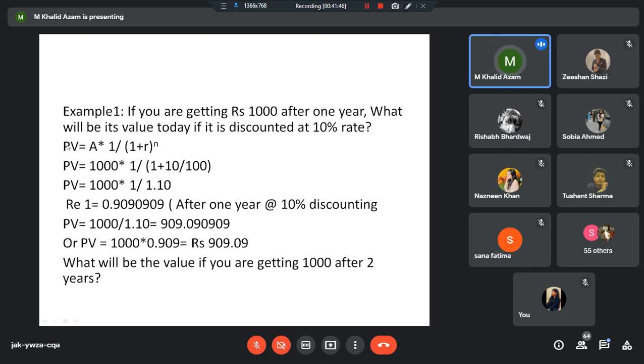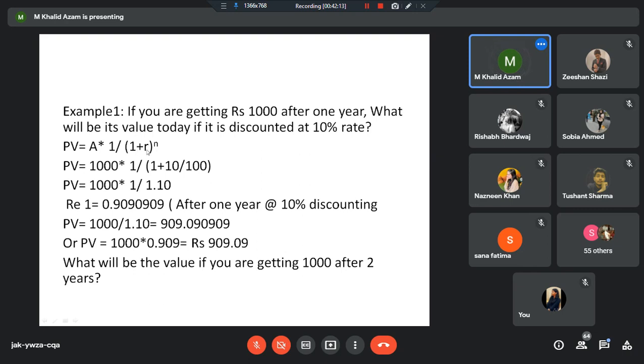You are interested in knowing the present value. Amount is 1,000. So this will be multiplied by 1 divided by (1 plus r) to the power n. If you are getting it after 1 year, n becomes 1. If after 2 years, it becomes 2. If after 3 years, it becomes 3.